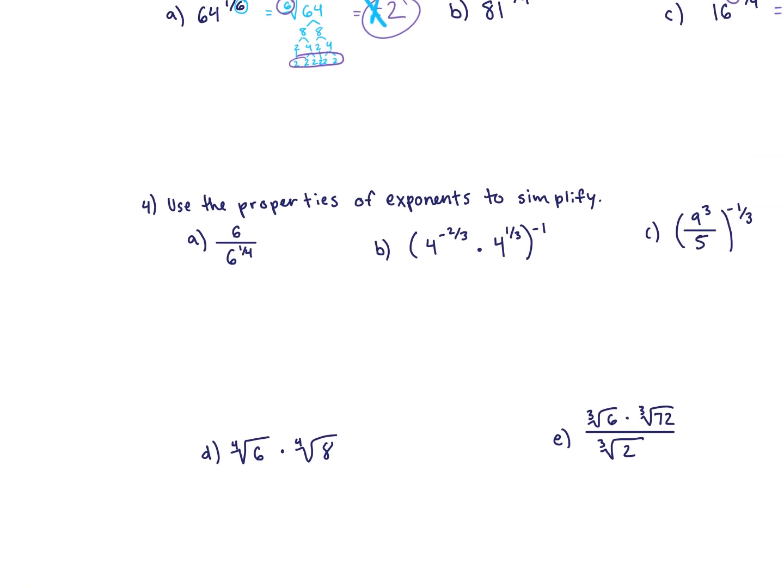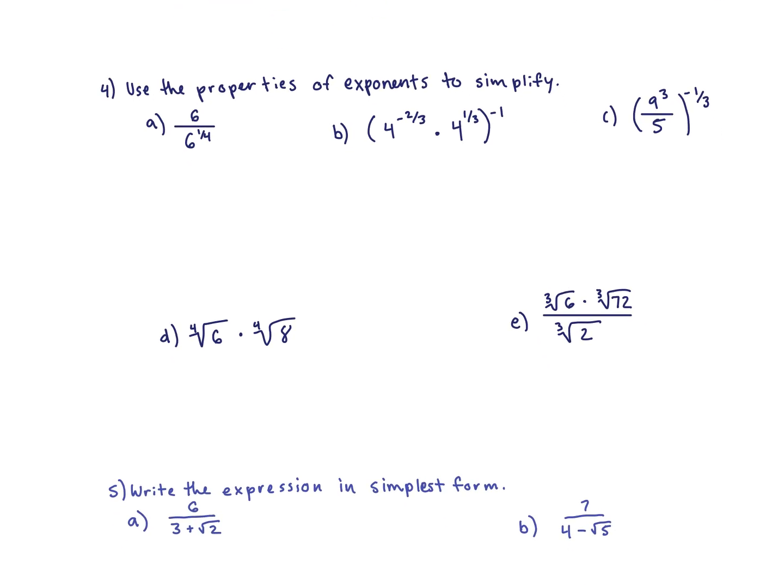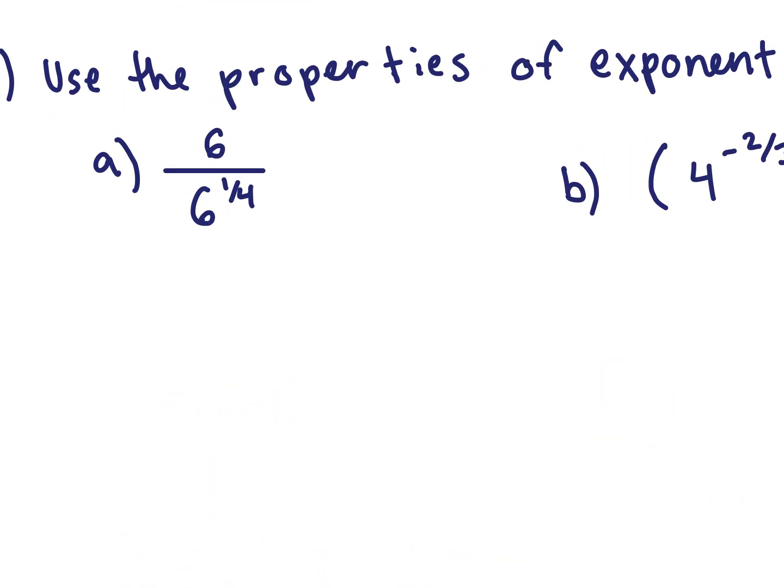All right, let's look at 4. So we're using properties of exponents to simplify. So in A, when we're dividing, how could we combine these together? You have to change the exponent on top. The exponent on top would be 1. Now how can we combine? When we're dividing, what would we do?